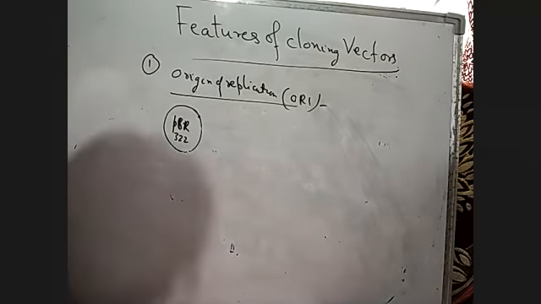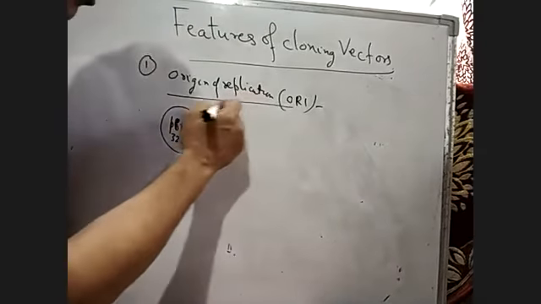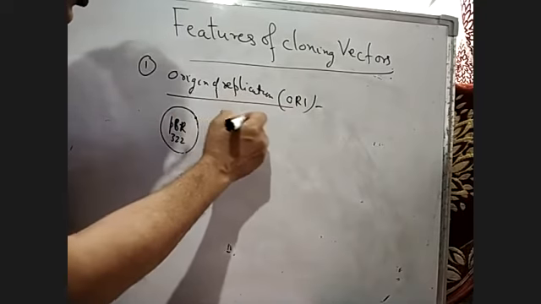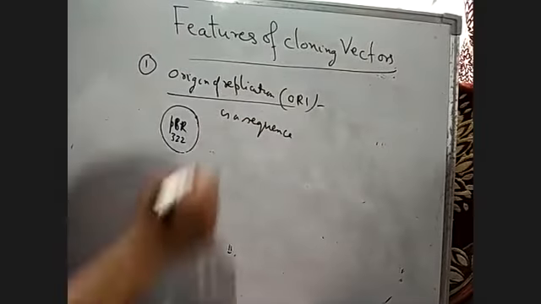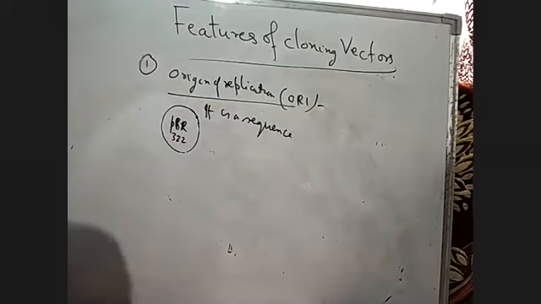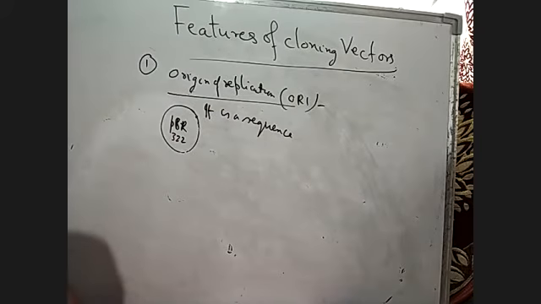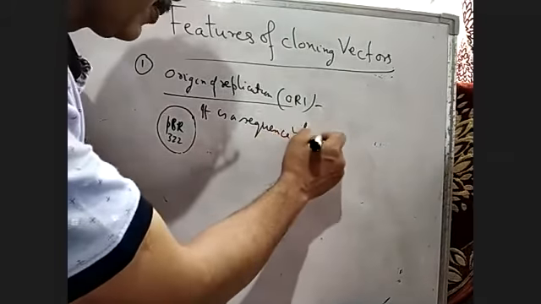ORI is a sequence where replication starts.